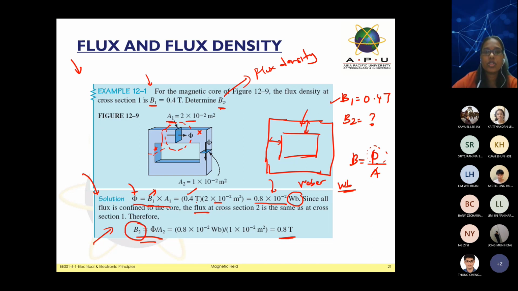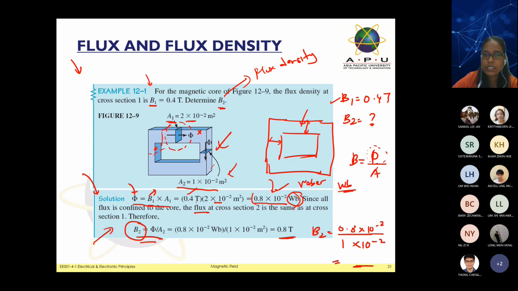So you need to find B2. You already know your flux from here, 0.8 times 10 power minus 2, divided by the area. In this diagram, they already specify the parameter value for the area, so you just substitute and divide: 1 times 10 power minus 2.